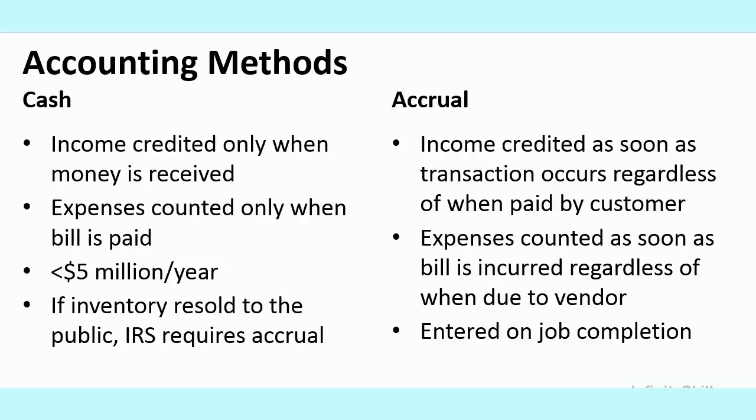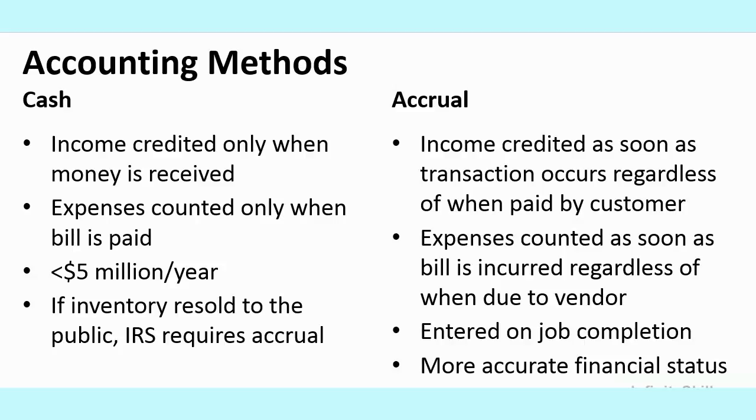Unfortunately, you cannot mix and match. You must pick one accounting method and stick with it year to year. In order to change it, you would actually need to declare that you were changing it with the IRS, and then there's a whole process you need to go through. In general, the accrual system is a more accurate way to view financial status of a company, at least that's the opinion of most financial professionals. Why?